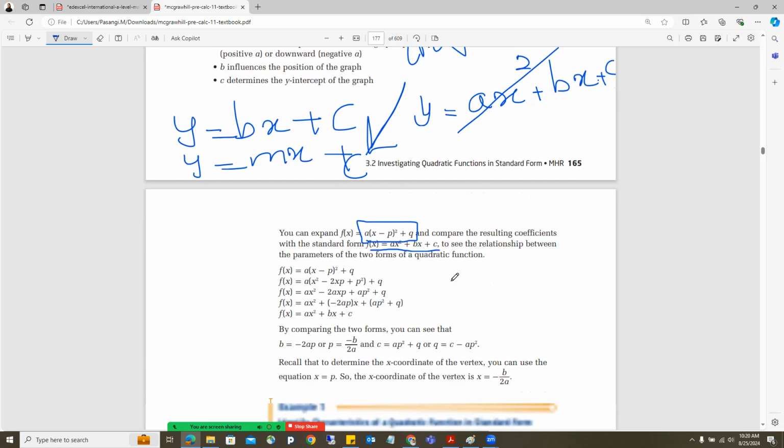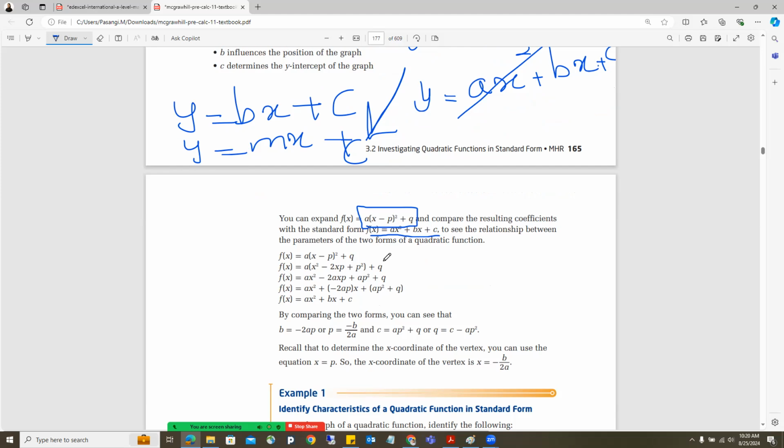To do that, we start from this vertex form and then remove these brackets. Then we receive a times x squared minus 2px plus p squared, plus q. This is what we received after removing the brackets of the vertex form of the quadratic equation. Is it clear?